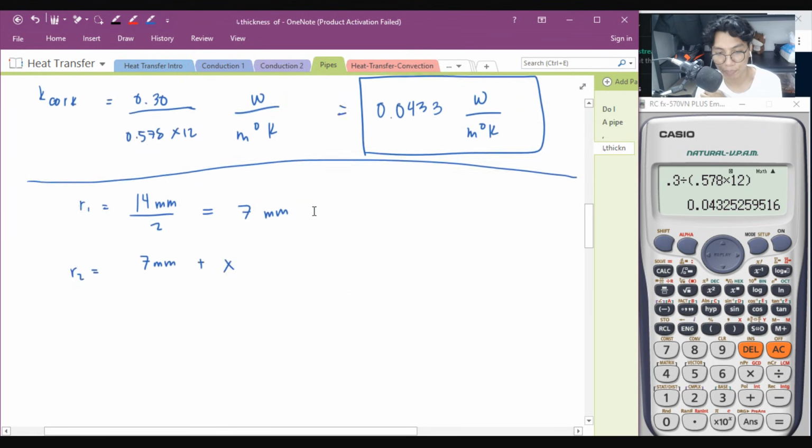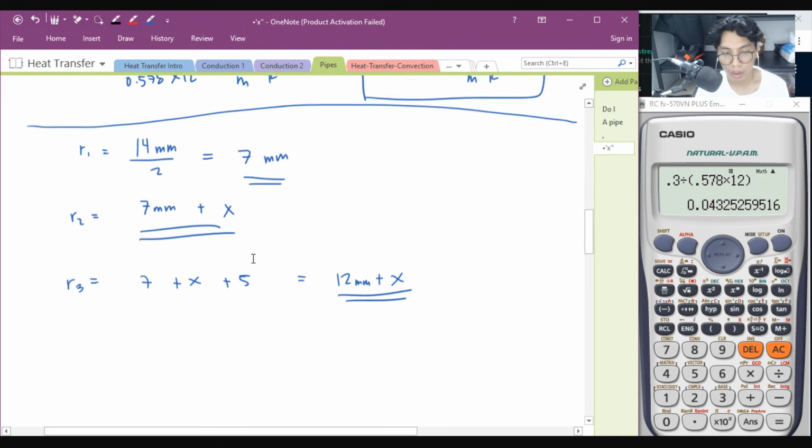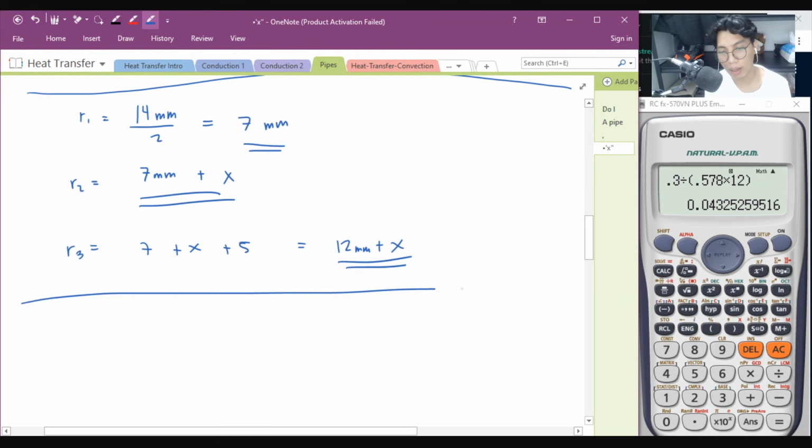Ayan. So, X. R3. Yung R3 is 7 plus X plus 5. O, simply, that is 12 plus X mm. Yan yung R3. Ito, hindi natin alam. Alam natin. Okay? Dito tayo babalik mamaya. Okay?